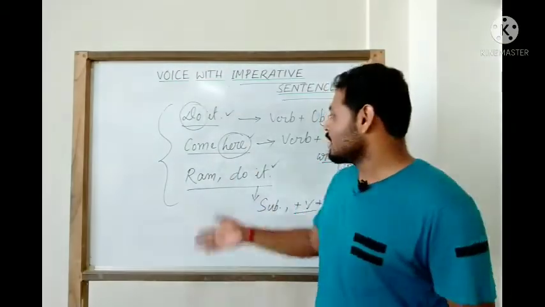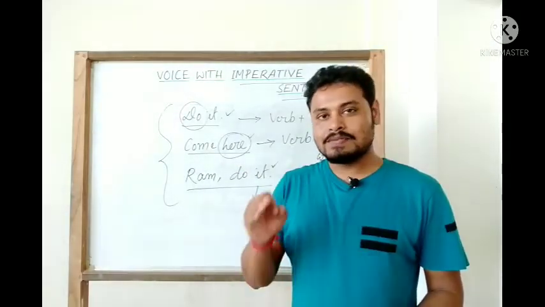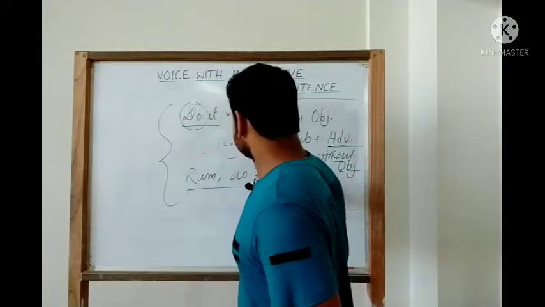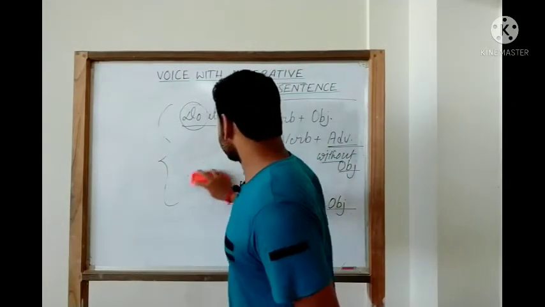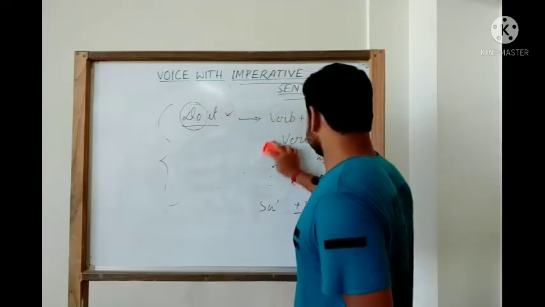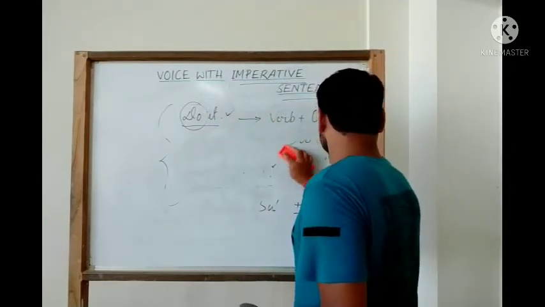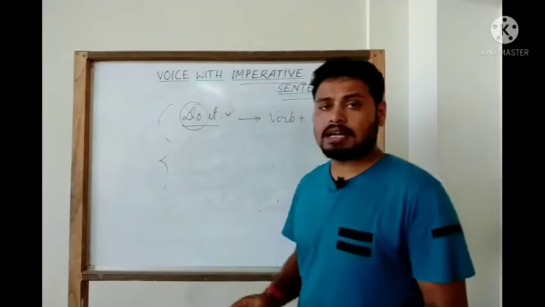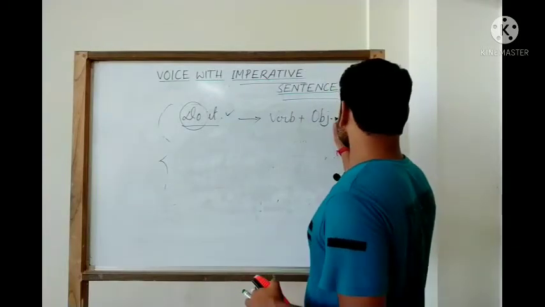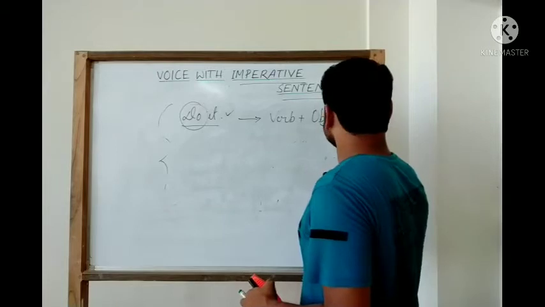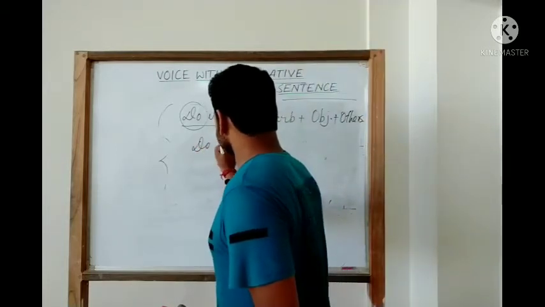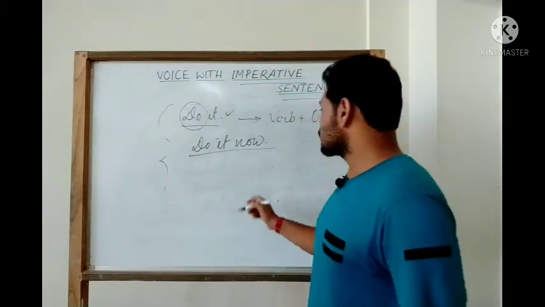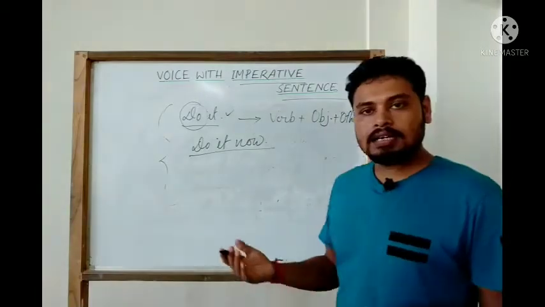Now we will see how to change these imperative sentences from active to passive. So let us take the first category first. That is verb plus object. And it can be verb plus object plus others also. We can put here others also. There is no problem. If we write, do it now, so it is verb, object and others.